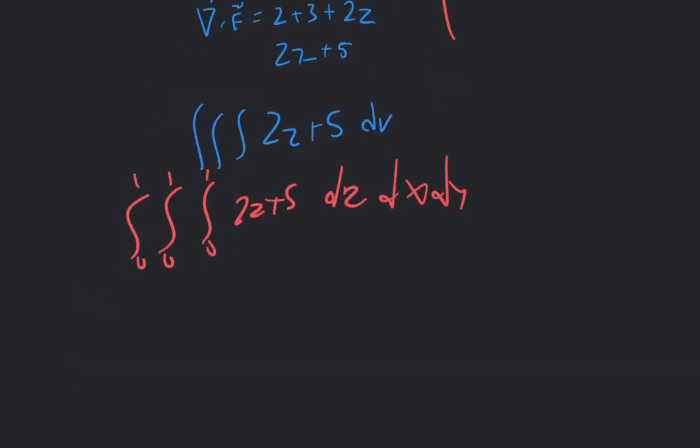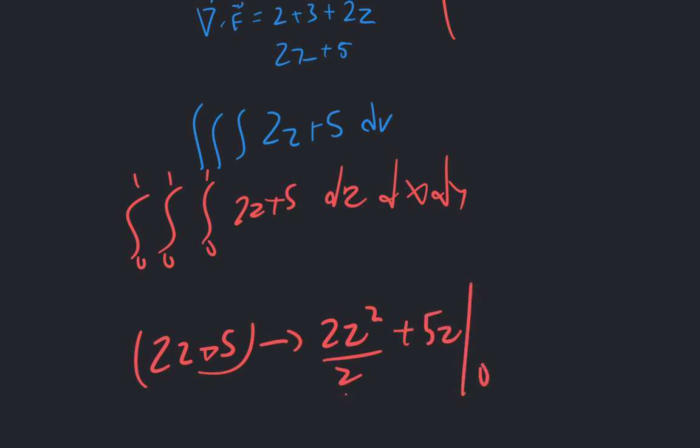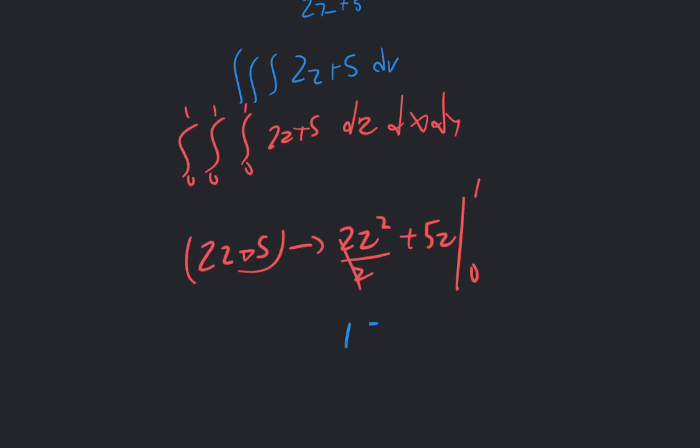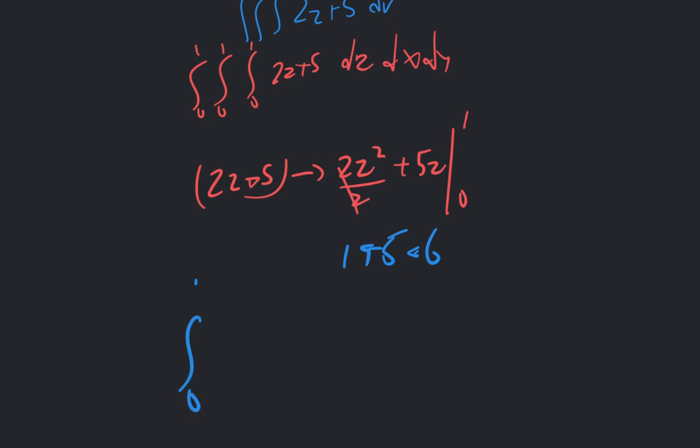So integrating 2z plus 5 would be 2z squared over 2 plus 5z, evaluated from 0 to 1, or 1 plus 5, or 6. And then integrating 6 dx dy from 0 to 1 is just 6.